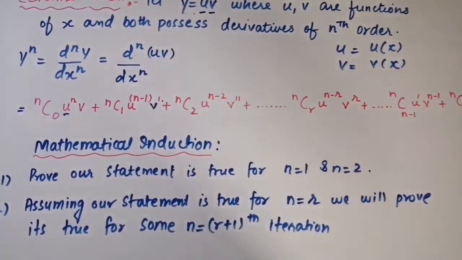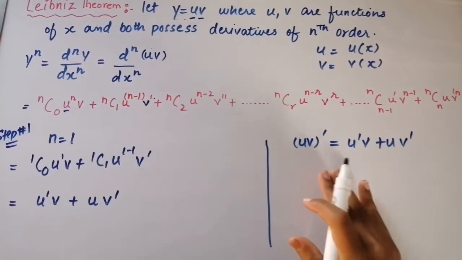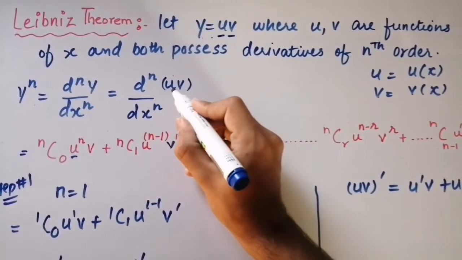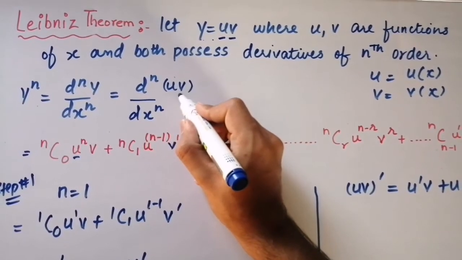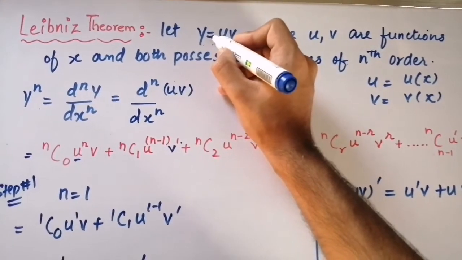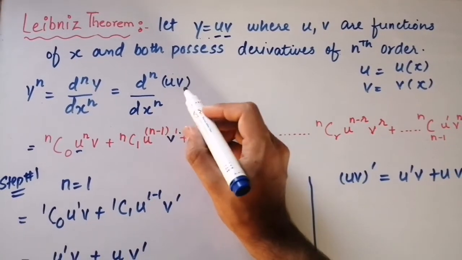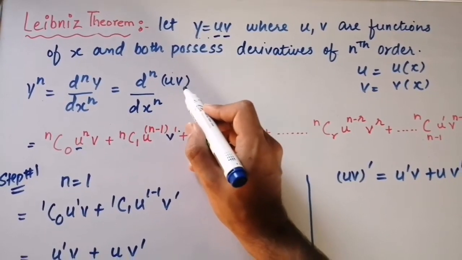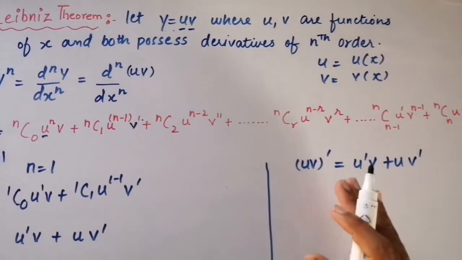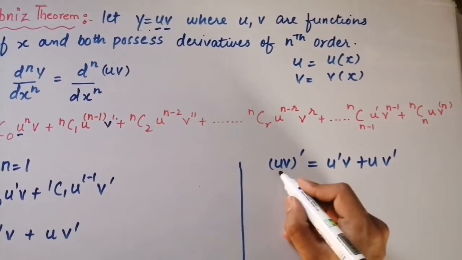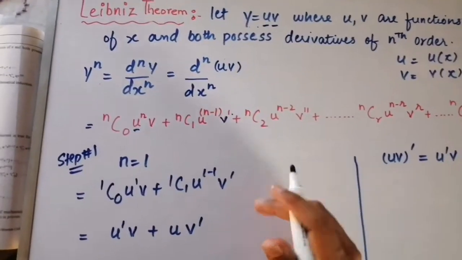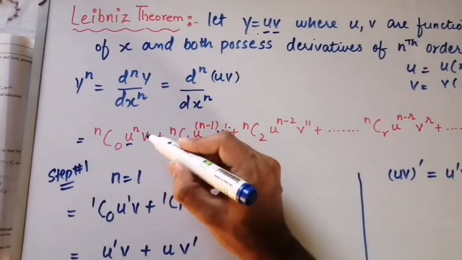So let's start. In order to justify the very first step of mathematical induction, we are going to take the very first derivative of that function uv, that is basically equal to y. We will apply the derivative on that function uv, and we will justify that what we are getting is exactly the same that we will get when we put n equal to 1 in the Leibniz theorem.